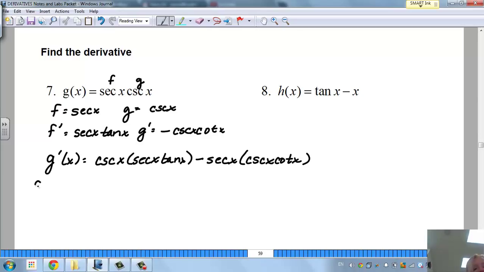these different things. So sometimes what makes it much easier is if we put everything down to the building blocks, which I call sine and cosine, and then you'll see where some things hopefully will cancel.